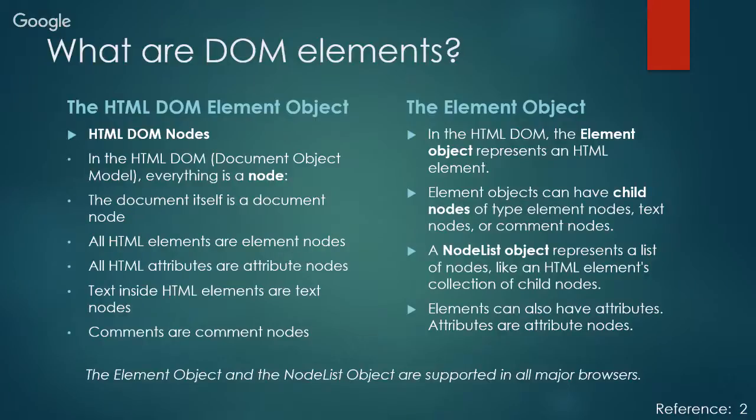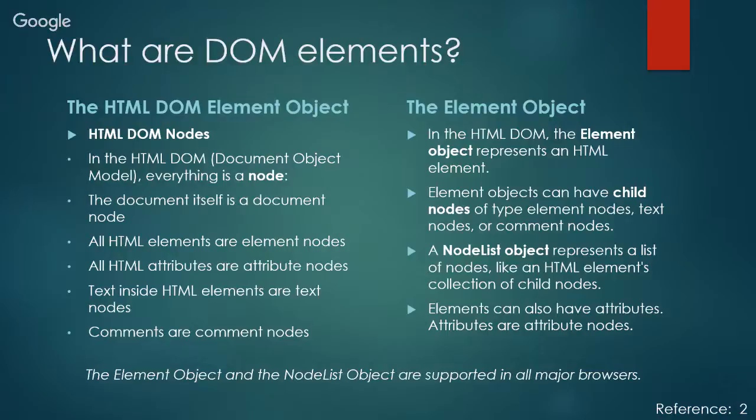The elements could have child nodes of either element nodes, text nodes, comment nodes. Just try to remember that everything becomes a node. All of these elements and nodes are supported in all major browsers, so you could use this across the whole spectrum. Elements can have attributes, and attributes are attribute nodes.